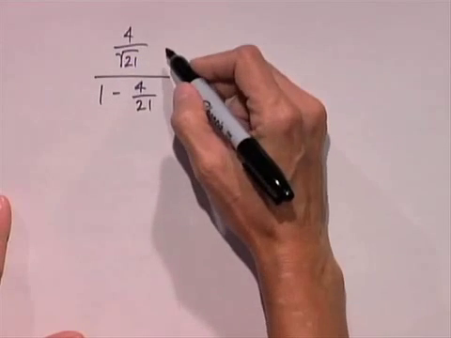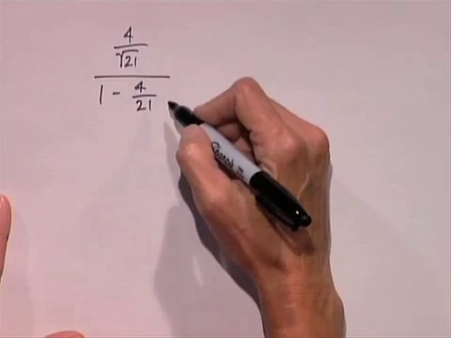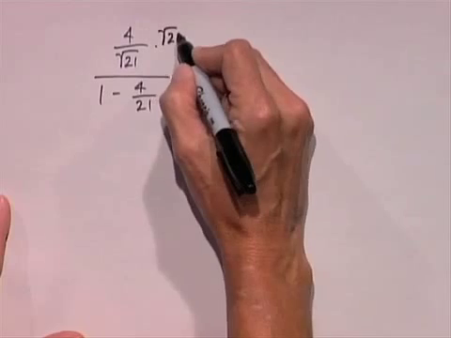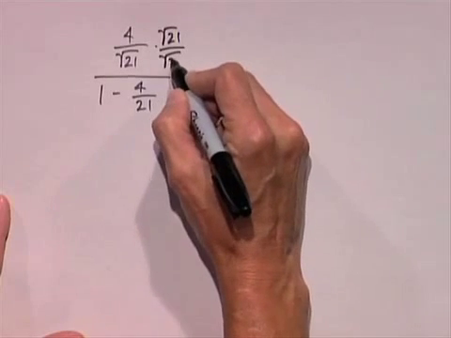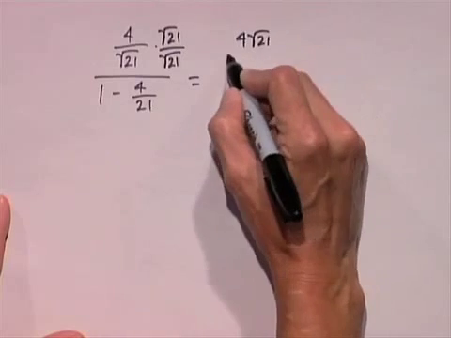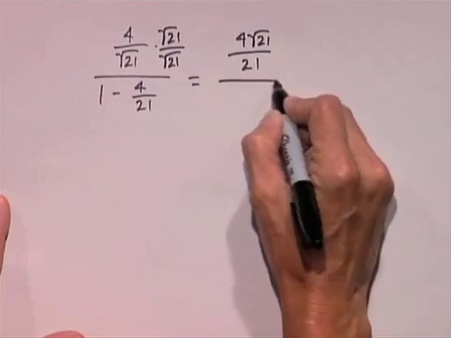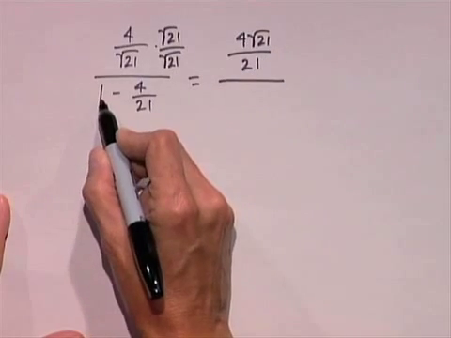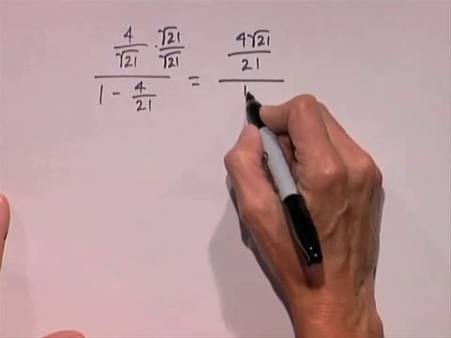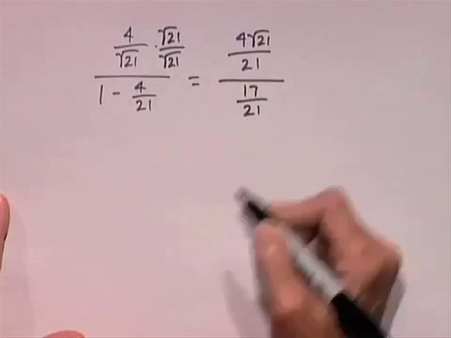To simplify, I can clear the fractions within the fraction, or let me do this. Let me rationalize the numerator by itself, and that'll be 4 square roots of 21 over 21. And then for 1, use 21 over 21 and subtract 4 from that to get 17 over 21.